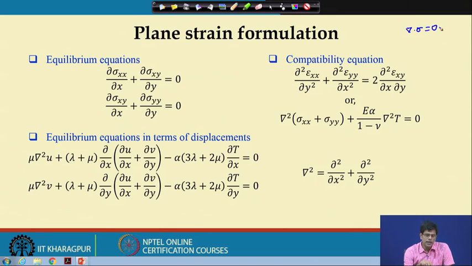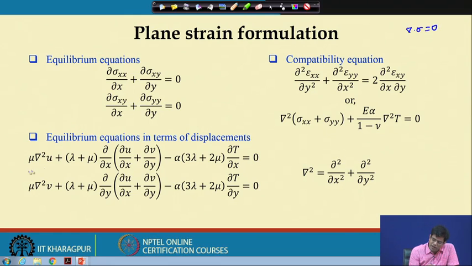Now, for a two-dimensional body, we know del sigma xx by del x plus del sigma xy by del y and so on. So, the equilibrium equation we can write in terms of displacements, because we know the expression of stresses in terms of strains, and then strains we can substitute through the strain displacement relation. We can substitute this in the stress relation and then take the derivative.